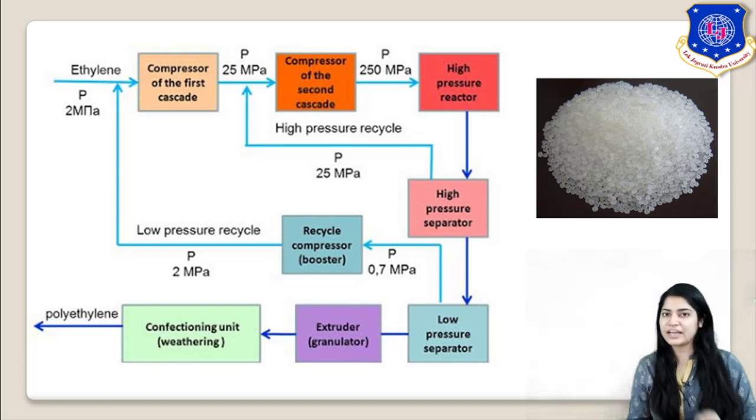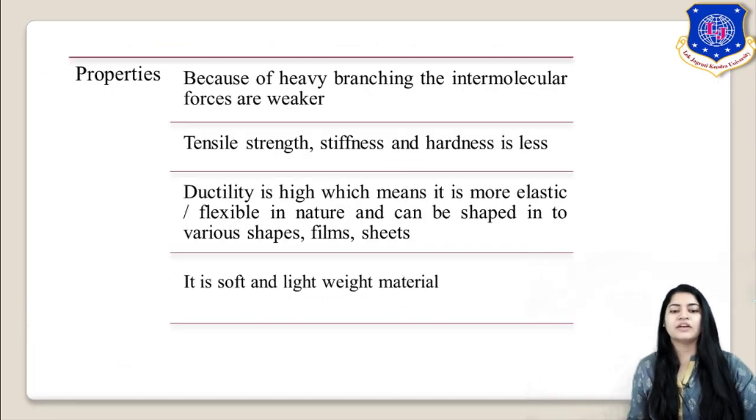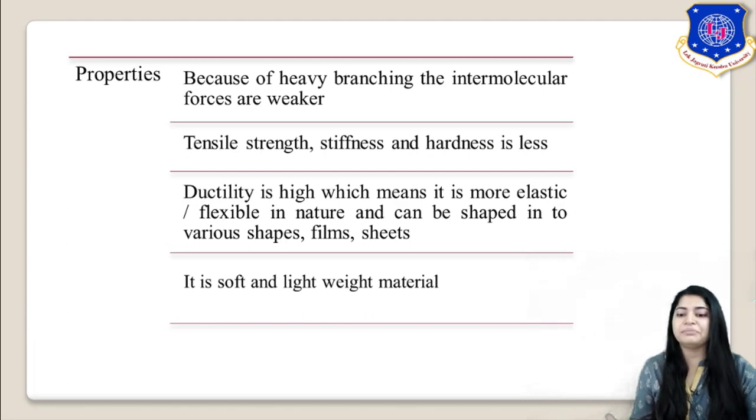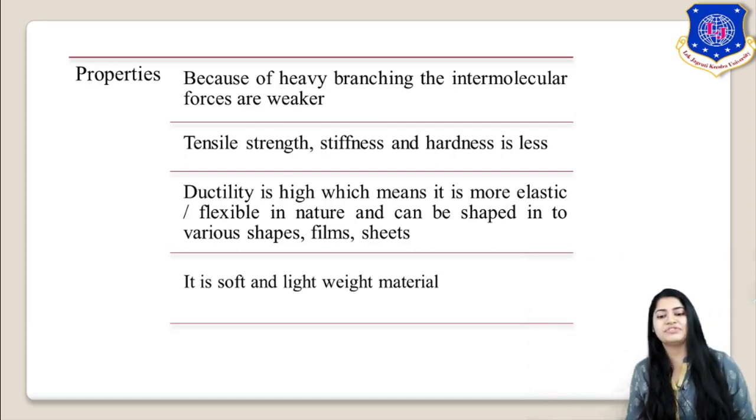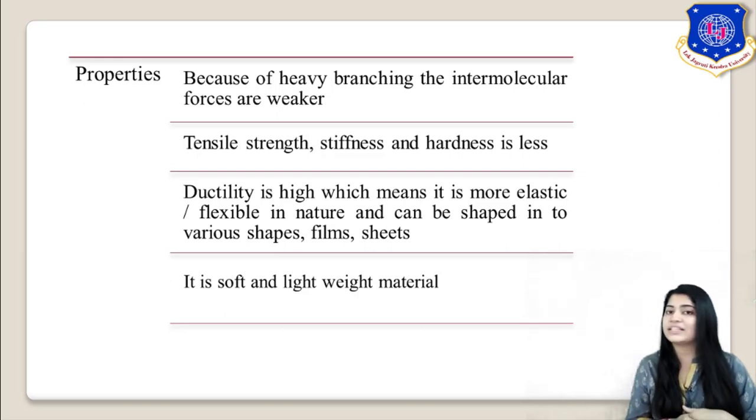The important key point is that this is a very high pressure process, hence we are compressing the monomer up to 250 megapascal. Now the properties: because heavy branching is there, intermolecular forces are weaker, so density is low. With so much branching, the tensile strength, stiffness and hardness are less.